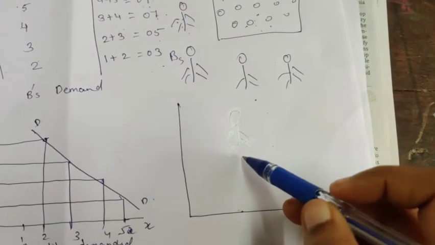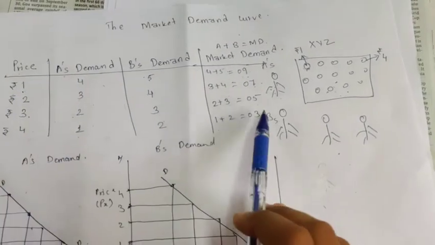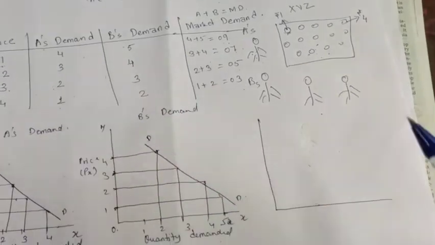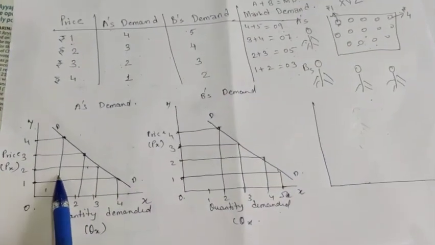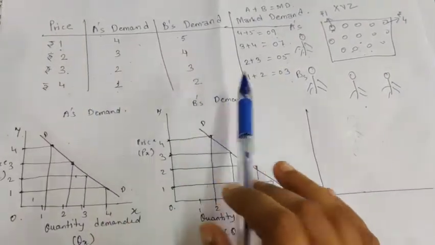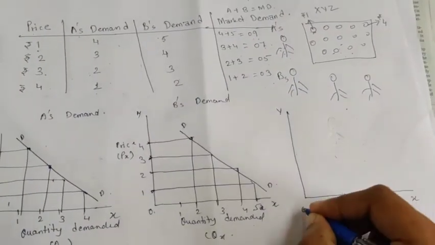Last one is your market demand curve. For this diagram, you have to refer to the first column and the last column, that is your market demand, summation of A and B. Now market demand will be your horizontal summation of A's demand and B's demand. This information you have to plot on the last diagram. Y-axis, X-axis, origin.